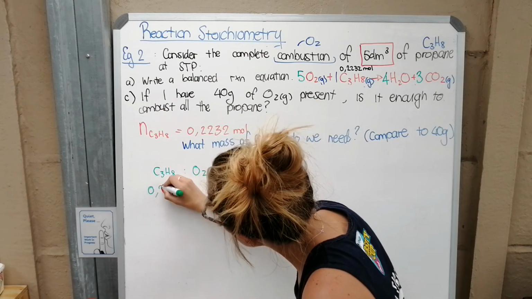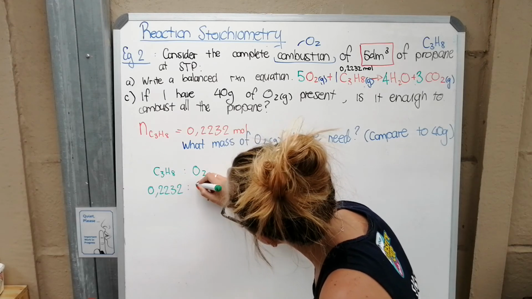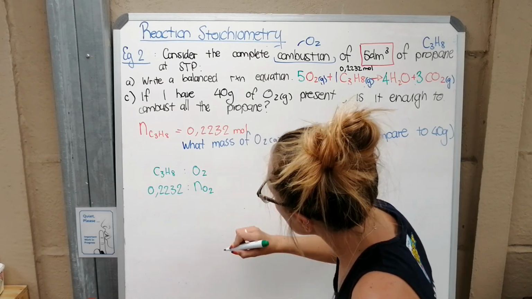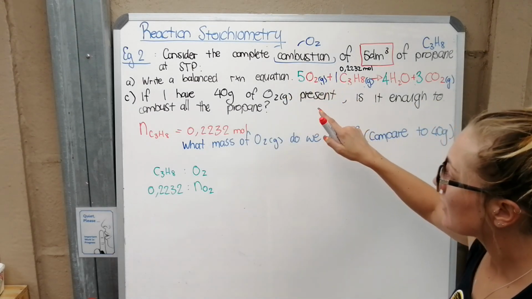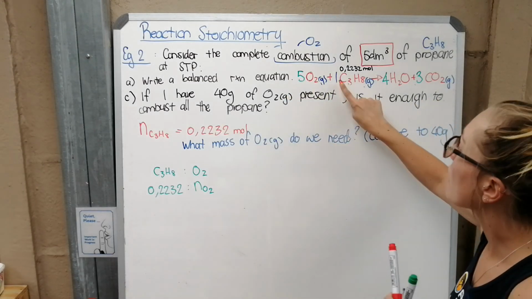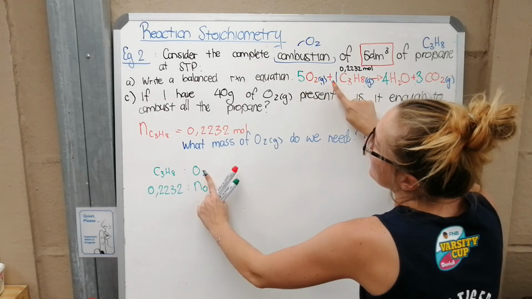This is 0,2232 and this is the number of moles of O2. And then from our balanced reaction, it's a 1:5 ratio, because it's our propane and then our oxygen.